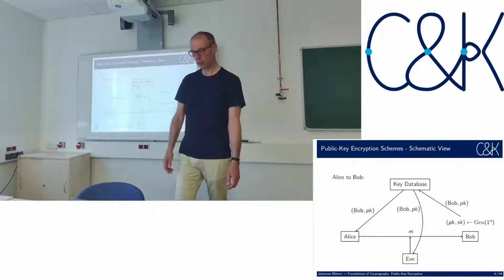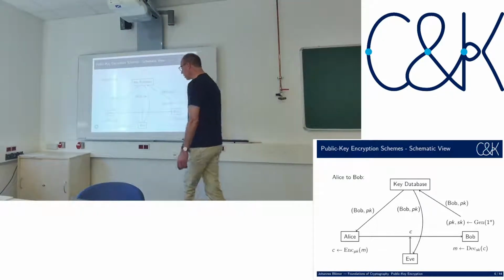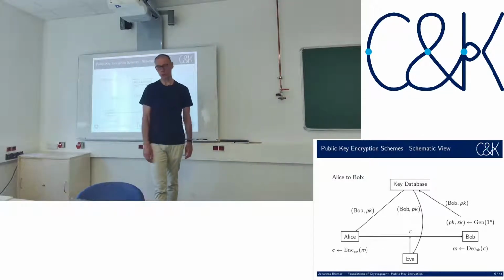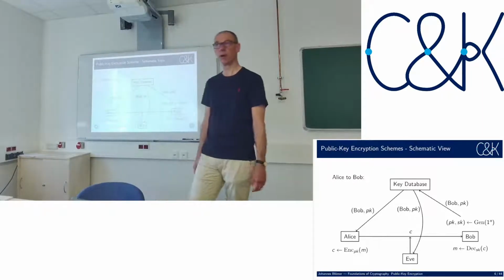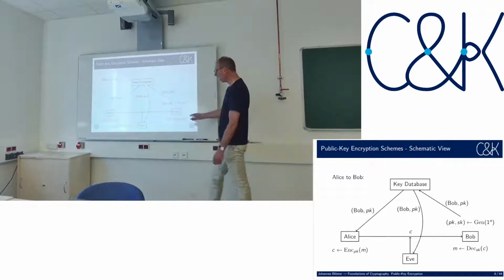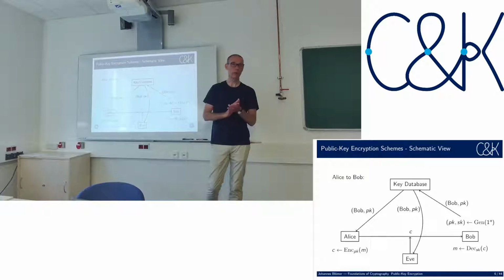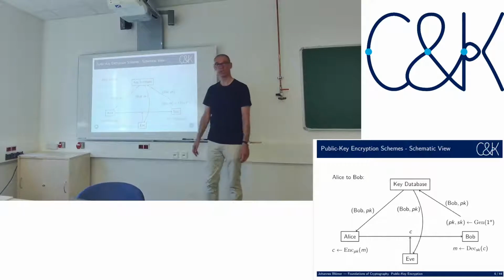But Alice now has Bob's public key, and with it she encrypts the message m to obtain the ciphertext C, and sends C over to Bob. Bob, on the other hand, has the secret key, and by the correctness requirement, he can decrypt the ciphertext C to obtain the message m.